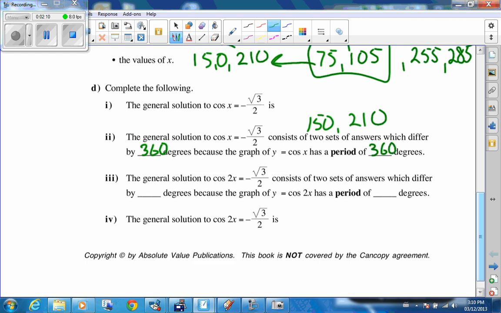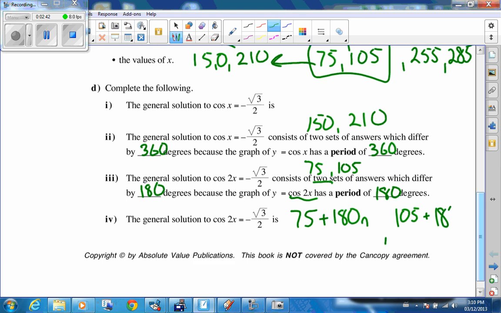Here, it has two sets of answers again, 75 and 105, but each of those two sets of answers separates from its next solution by 180 degrees because the graph of cos 2x has a period of 180 degrees. So here it's going to be 75 plus 180n, or 105 plus 180n.